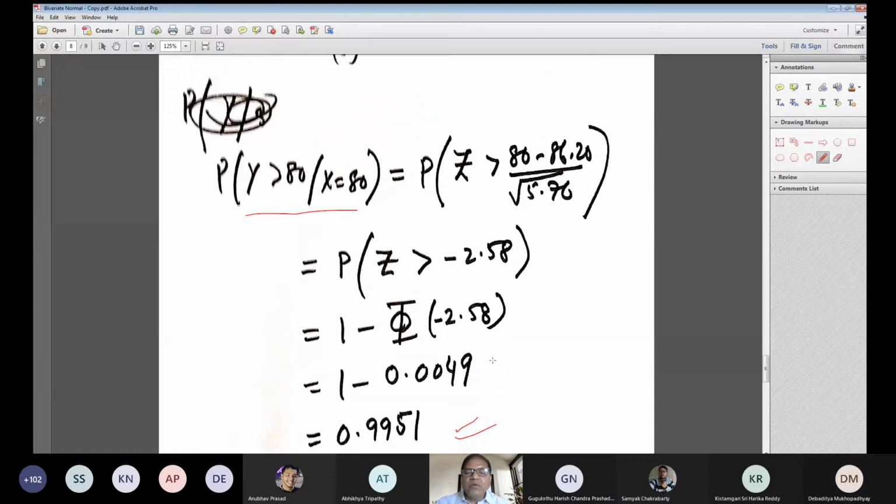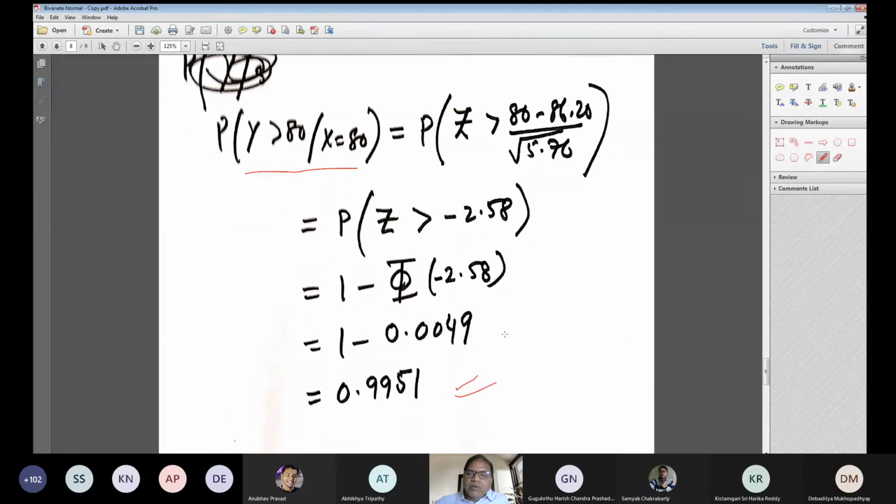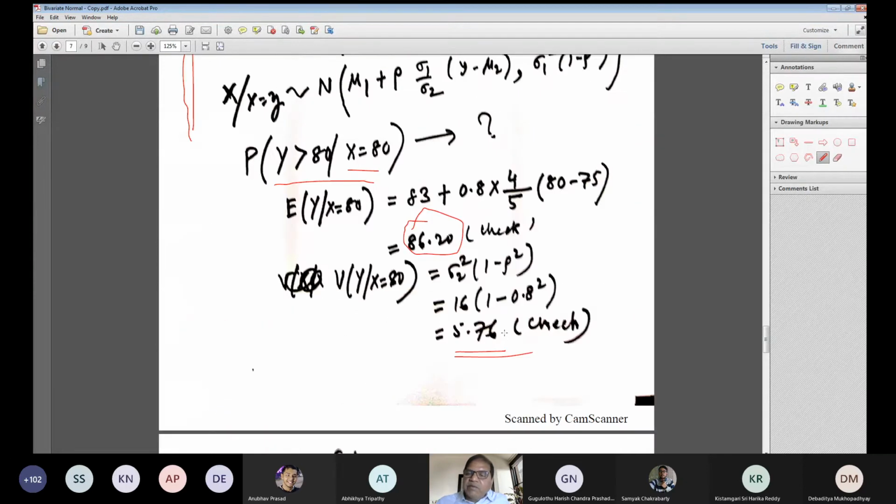So this is how the problem is solved if x and y have a bivariate normal distribution. So is it clear?